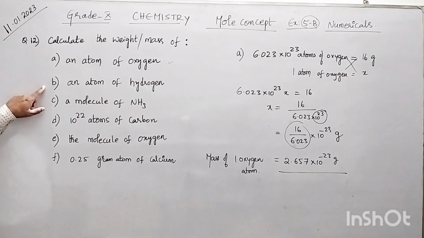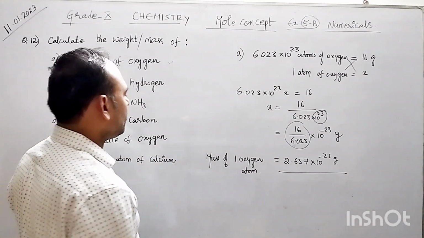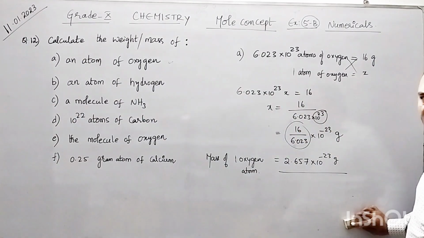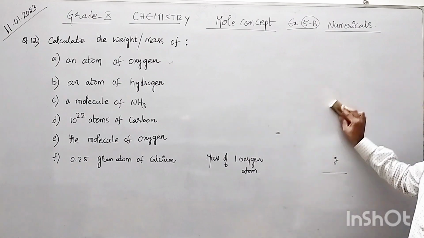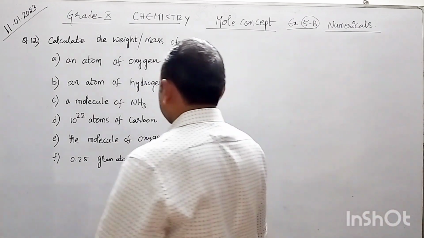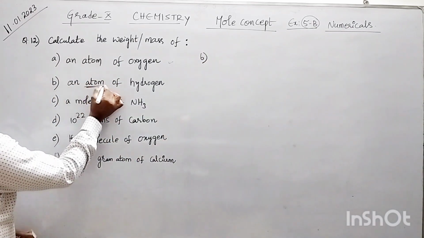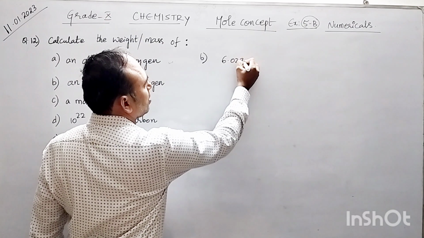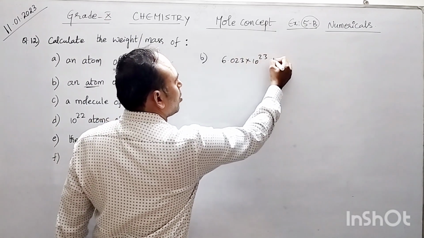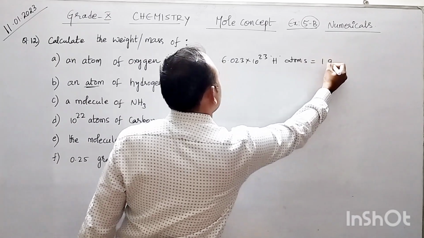Now let us move to the second one. What is the mass of an atom of hydrogen? So only one atom of hydrogen. Hope you have copied this. Second one, one atom of hydrogen. We know that 6.023 into 10 to the power of 23 hydrogen atoms is equivalent to 1 gram.